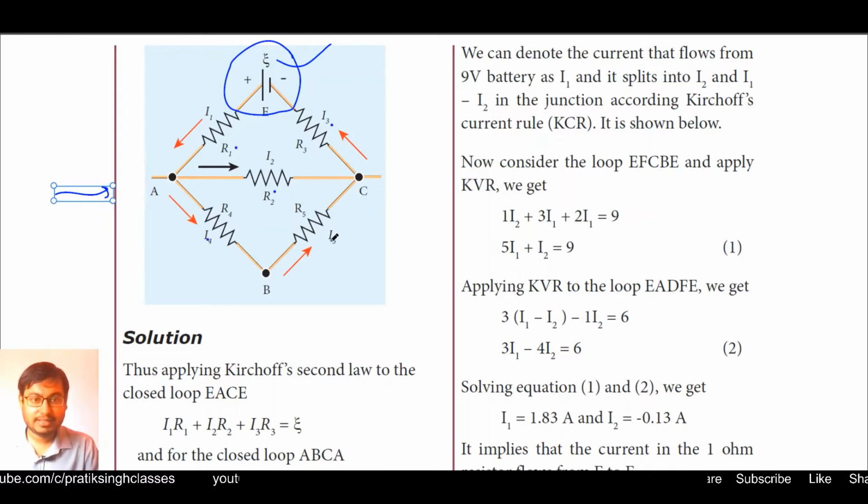We have to apply Kirchhoff's second law in the loop EACE, starting from here, EA then CE. So in the first loop, how do we apply Kirchhoff's second law?